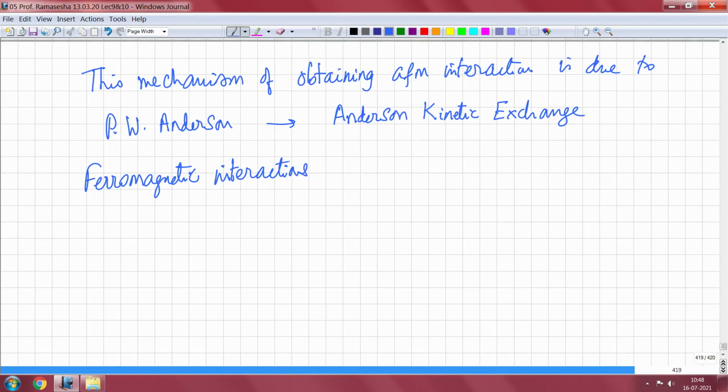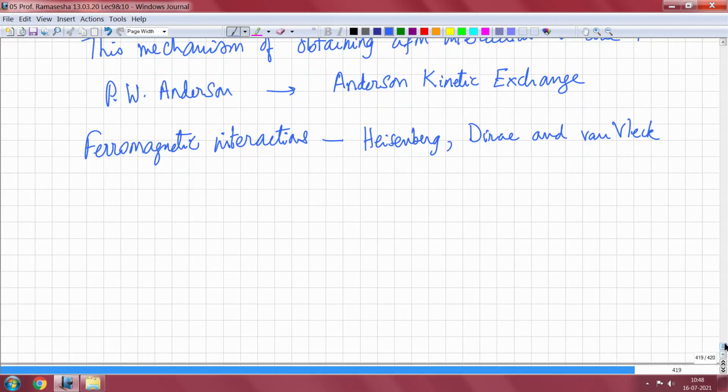This was first proposed by Heisenberg, Dirac and Van Vleck, all independently, and it is best illustrated by again taking the case of two orbitals.